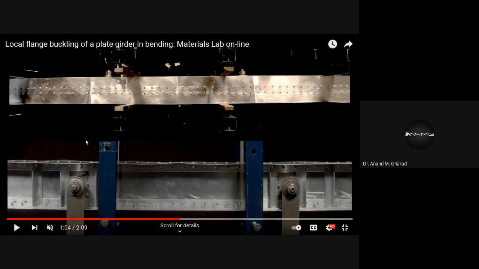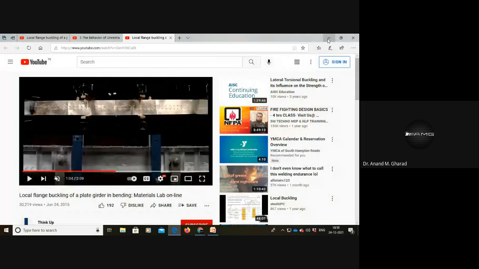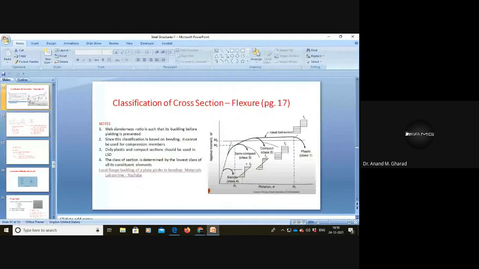Even in case of beam, you may come across buckling effect, although you can see the loads are acting in the vertical direction, right? So this is known as the local buckling phenomena. And if you have understood this local buckling phenomenon, now I will come back to this slide over here.